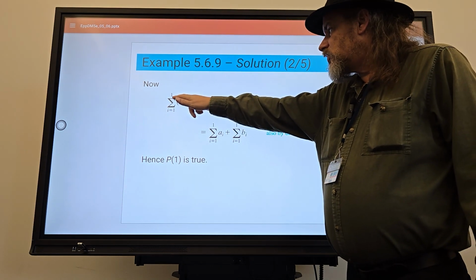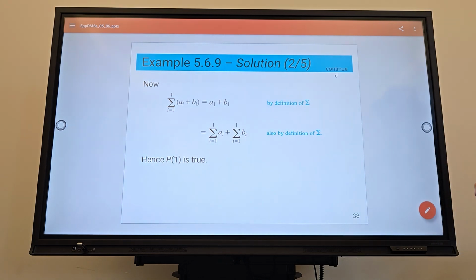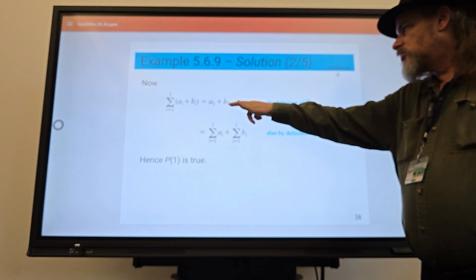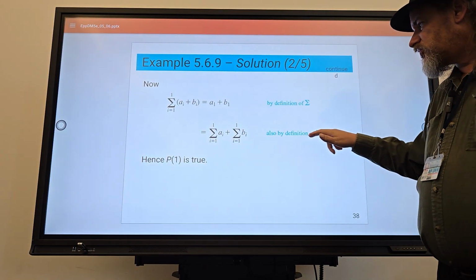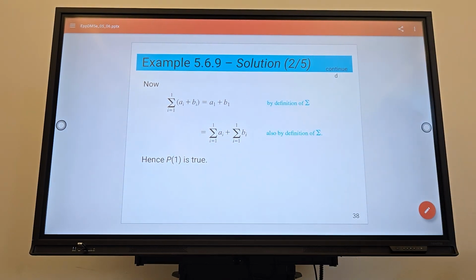When n equals 1, the summation is just the term after the summation symbol, so it's just a_1 plus b_1. By definition of summation, that is equal to the sum of the two summations. So hence P_1 is true.